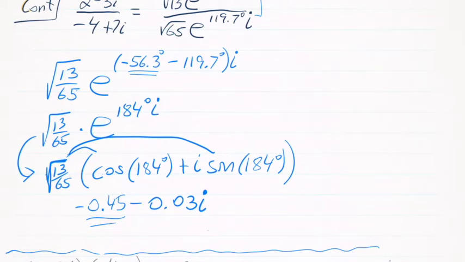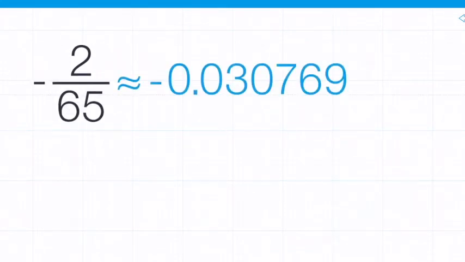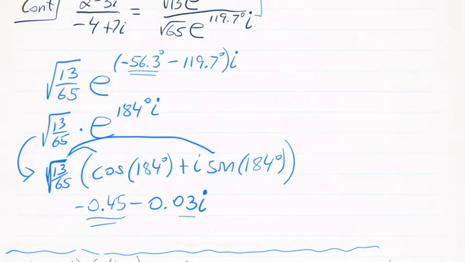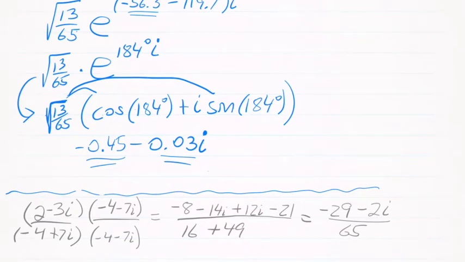And then the negative 2 over 65, we're getting negative 0.03, which is really close to what I got in my second portion. So this method will get us to the right answer.